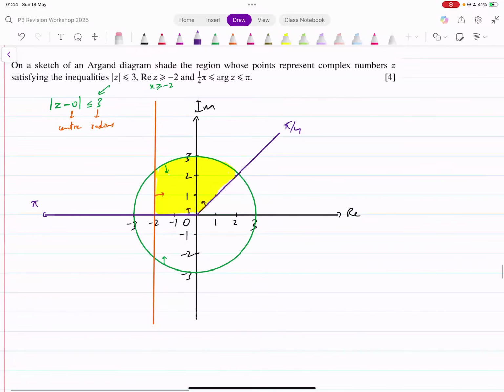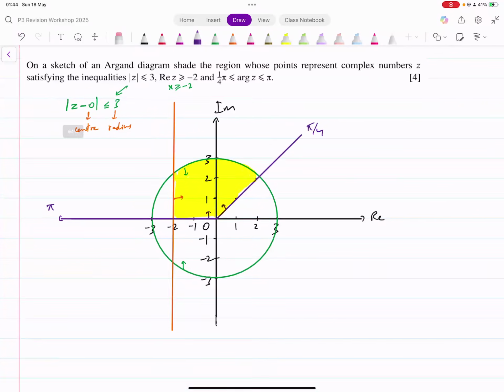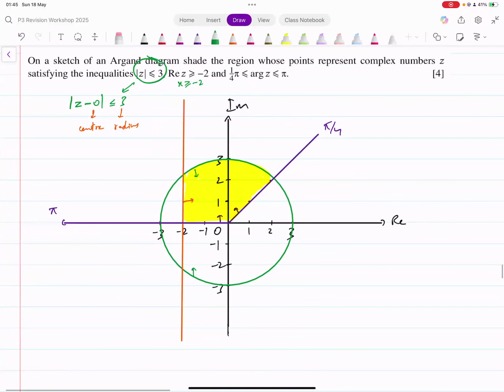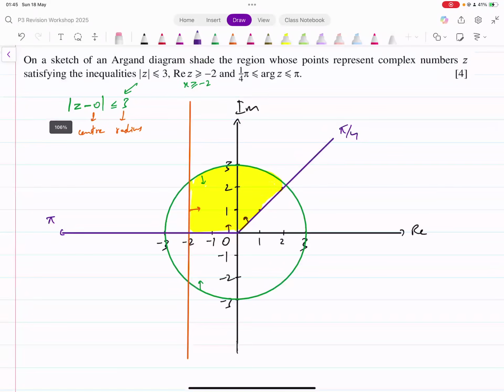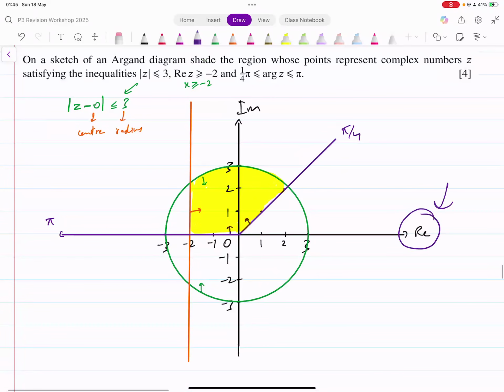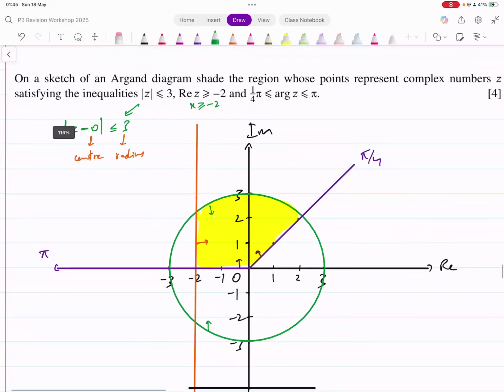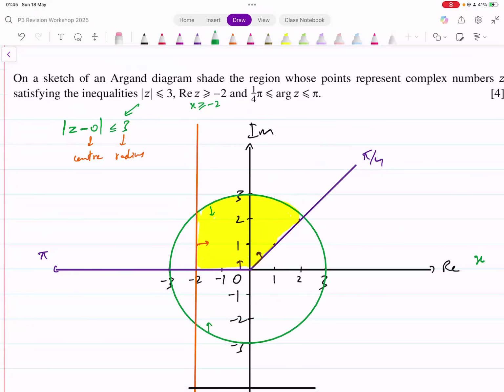All right, let's move on. This is another example. You can have a look at this. Modulus of z less than or equal to 3, that's inside the circle. Real part of z is greater than or equal to minus 2. What does that mean? Real part is plotted on the horizontal axis, so we're talking about x greater than or equal to minus 2.